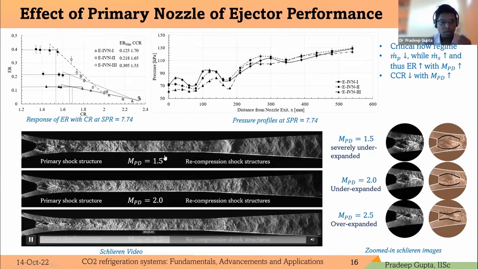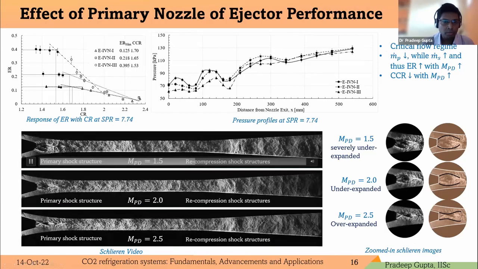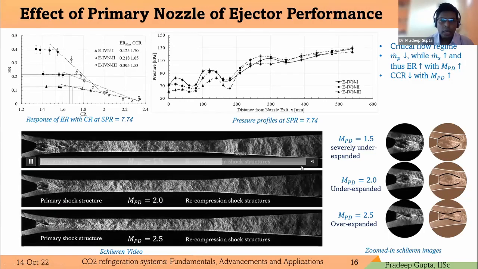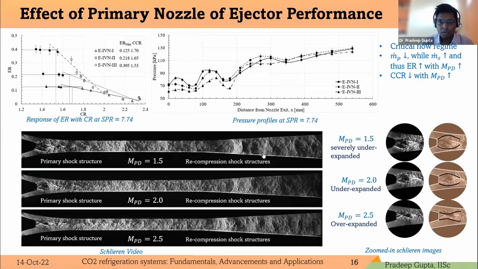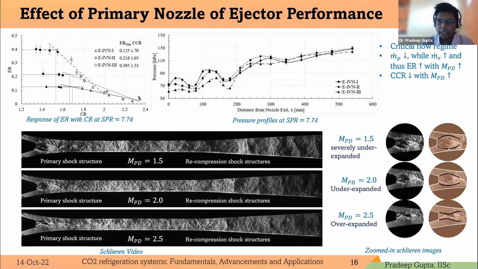The Mach 1.5 nozzle has the greatest nozzle throat height, meaning it has the greatest primary mass flow rate. We can also see that the nozzle with Mach 1.5 operates severely underexpanded, so it has the lower secondary mass flow rate.